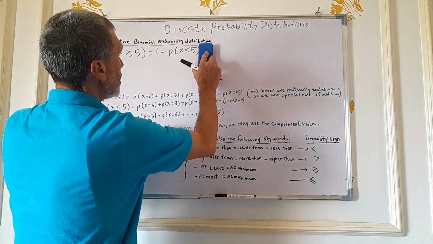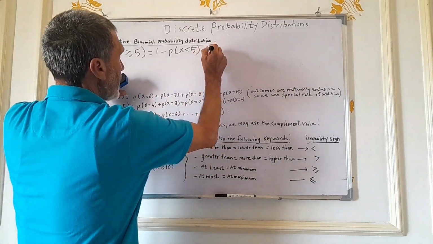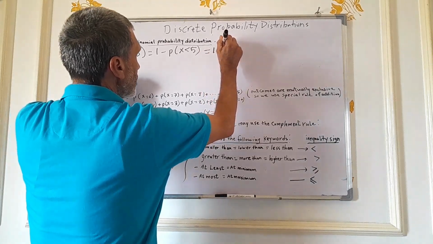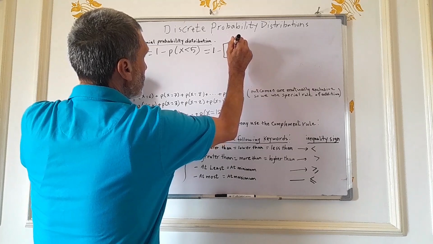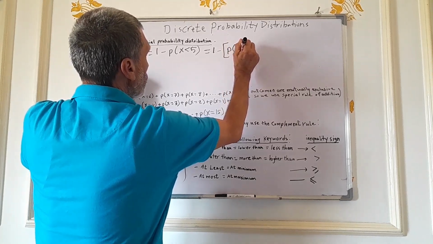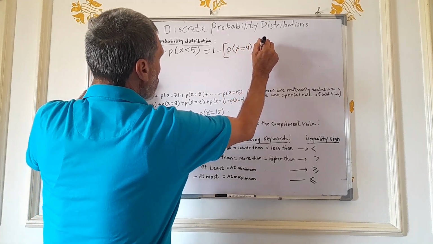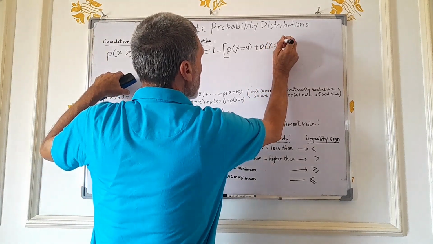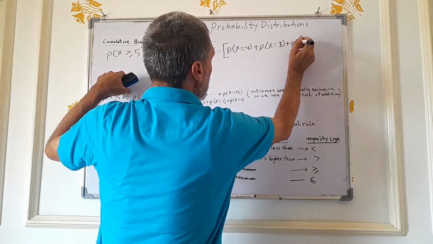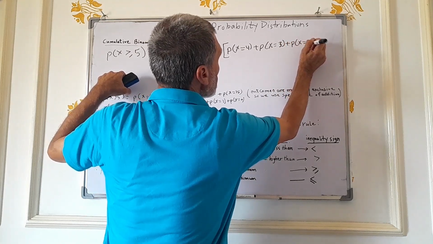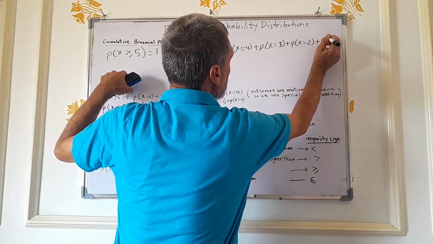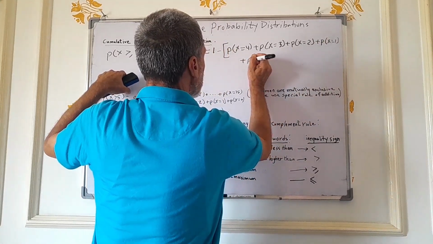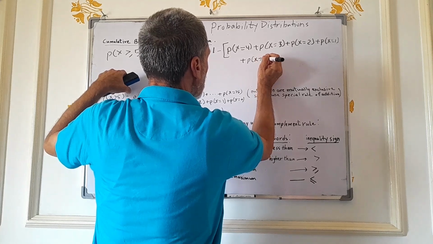Which is equal to 1 minus the probability of x equal 4 plus the probability of x equal 3 plus the probability of x equal 2 plus the probability of x equal 1 plus the probability of x equal 0.